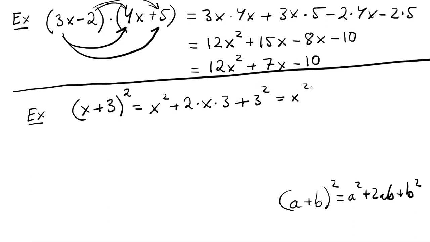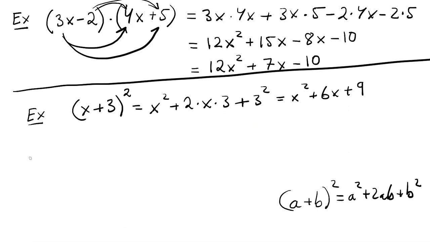So this becomes x squared plus 6x plus 9. So now we have written as a sum. And it's not much more we can do with this, because of different species, so to say. We have an x squared here, an x here, and a constant there. And we can't simplify them any further in any easy way.